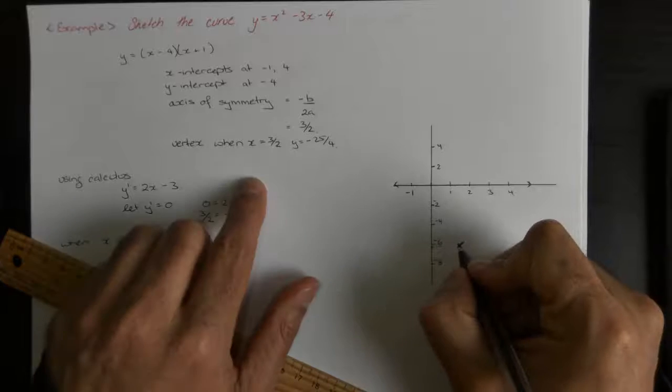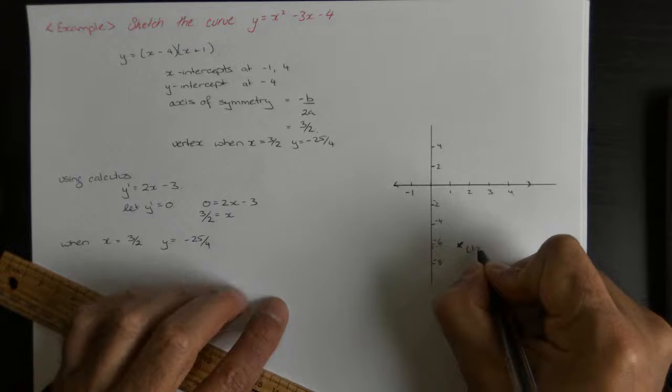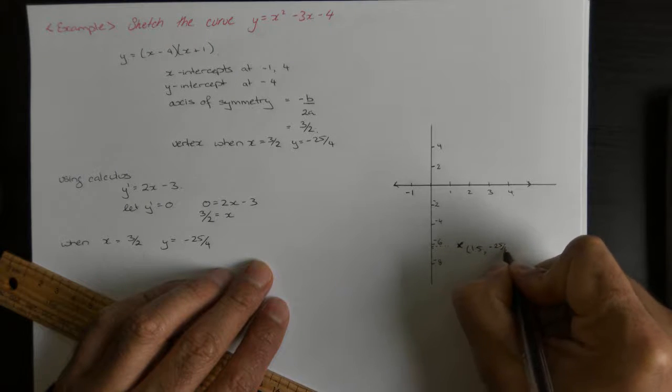Okay, so I've got my turning point here, which is 1.5 and negative 25 on 4.